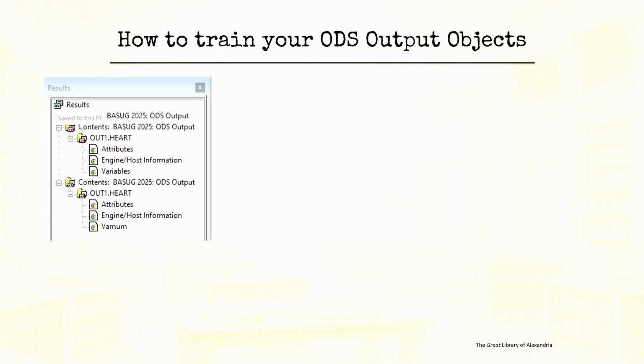When we run it with that, same deal, ODS trace on, ODS trace off. And if we look at our results window, we've got three data sets, but they're named differently. And what we see is that it's varnum instead of variables in there. So the ODS output object actually has a different name based on an option in the procedure.